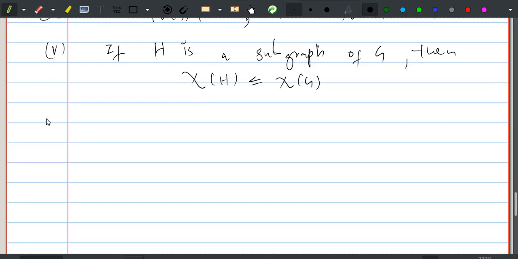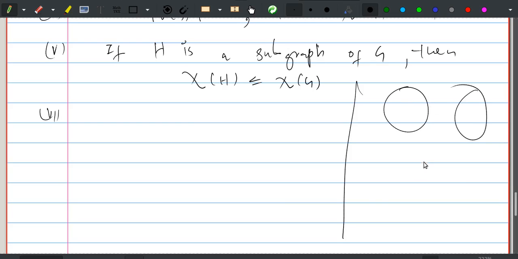Now let us do one more observation. Suppose we have a graph G having k components, or say m components. This is the graph G which is disconnected, and let us suppose in this case we have 4 components.